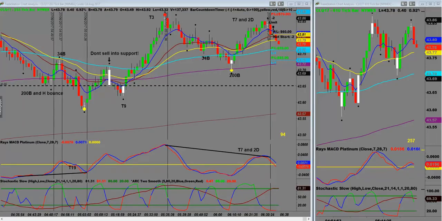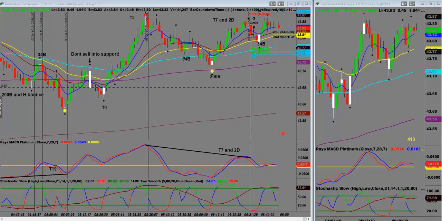Because of the level of support we may have here, I'm going to bring my second contract up to just 6 ticks, just because we are below some major support. So I'll just bring that up. This is very much a textbook type trade.